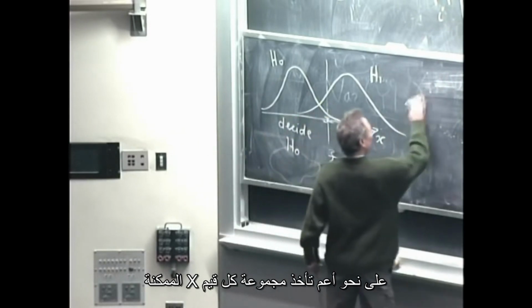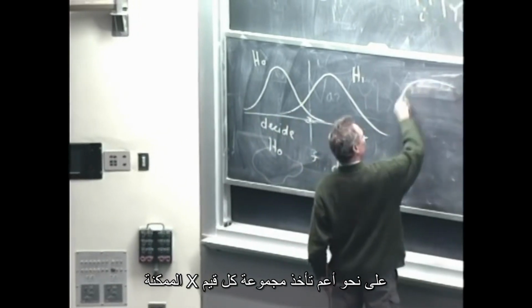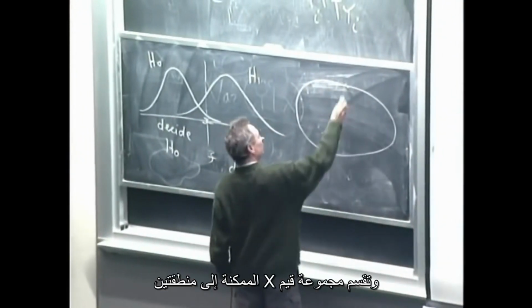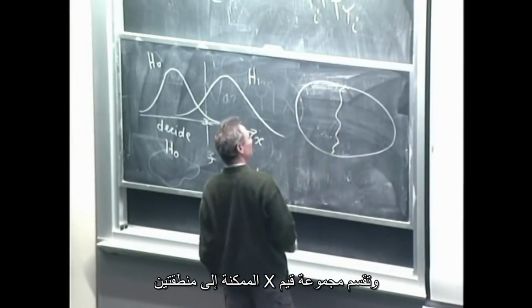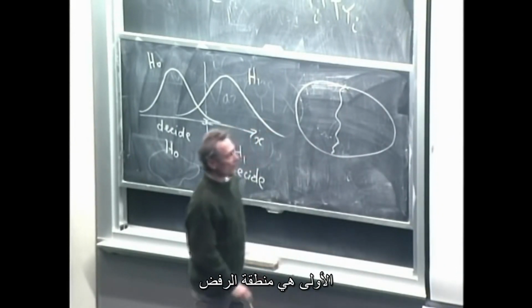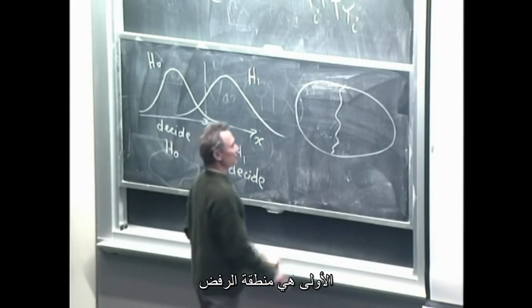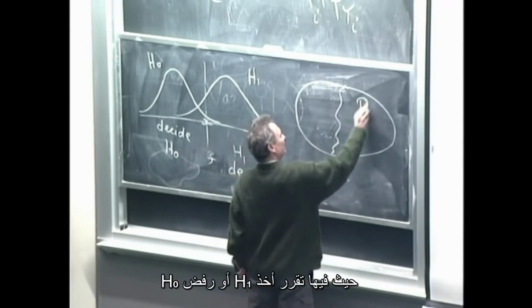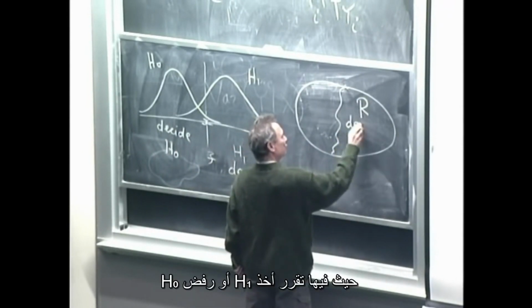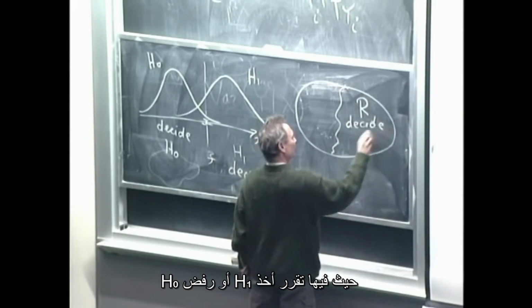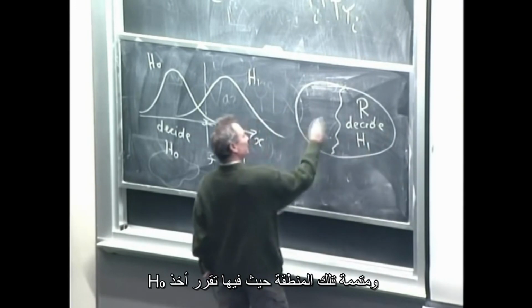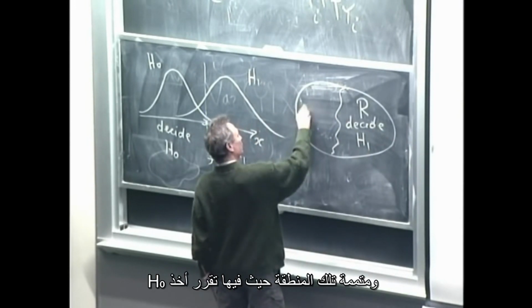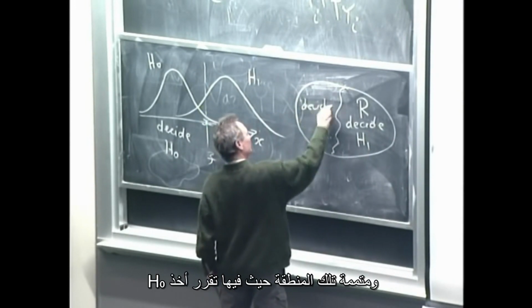More generally, you take the set of all possible x's, and you divide the set of possible x's into two regions. One is the rejection region, in which you decide H1, or you reject H0. And the complement of that region is where you decide H0.